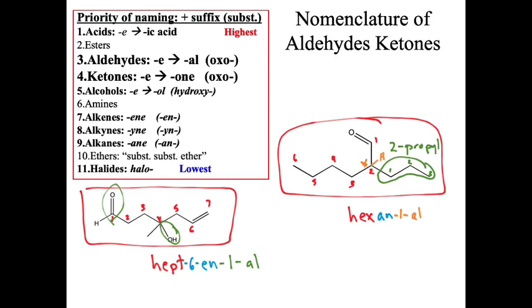What are our substituents? We have a methyl, which I just circled. And we have an alcohol, which we could call OL for alcohol, but there's a higher priority functional group, so we reference it in parentheses as a hydroxy.